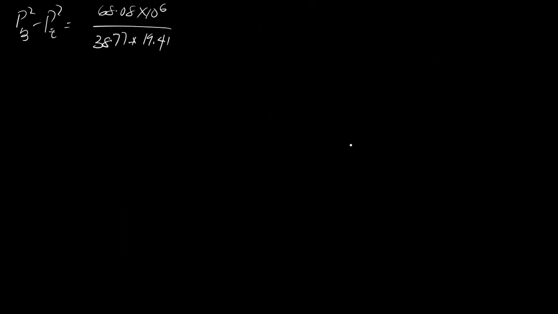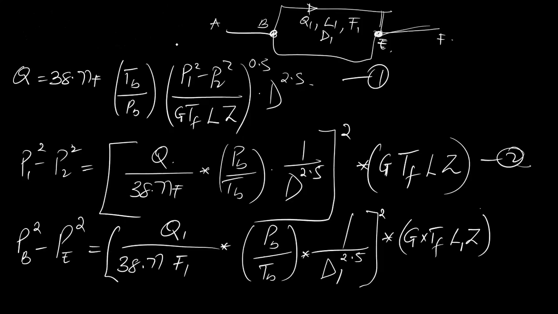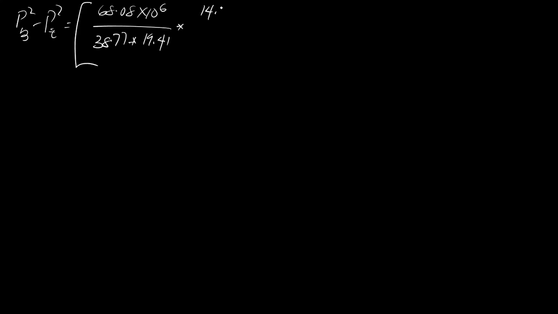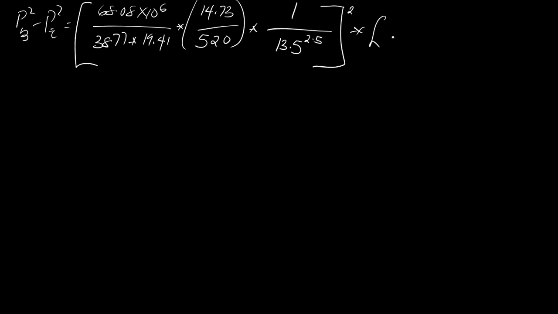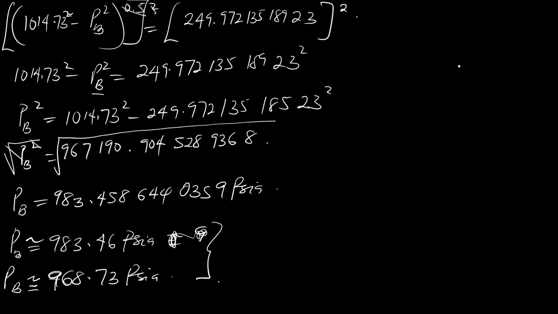So now times base pressure is 14.73 divided by base temperature times 1 all over D1 is 13.5 raised to power 2.5, all squared times gas gravity 0.6 times gas temperature 520 times the length L1, which is here.